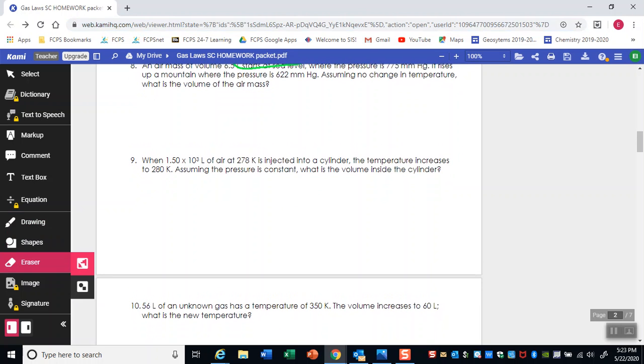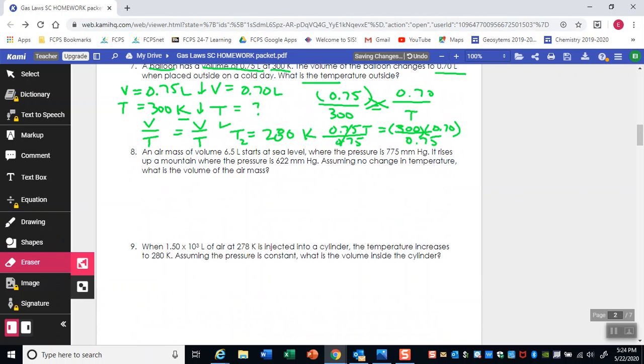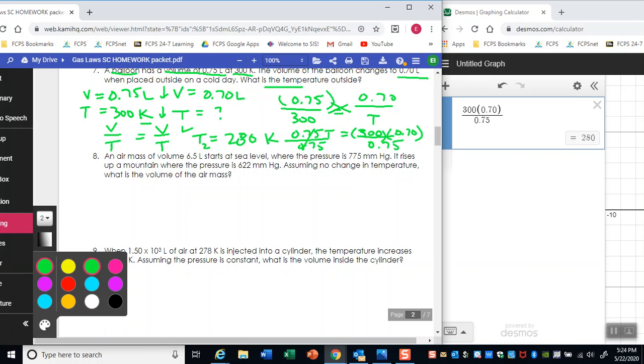Oh, there it is. I didn't have to do all that. Darn it. Okay, so now I can see this problem. Alrighty. Okay, so let's do the next one.